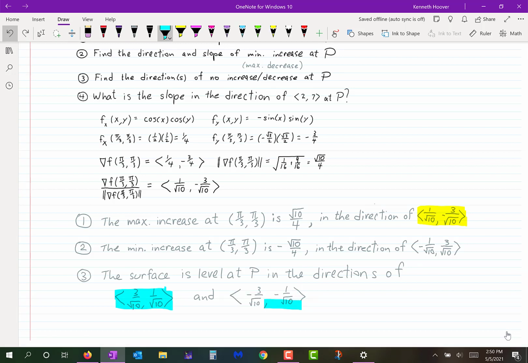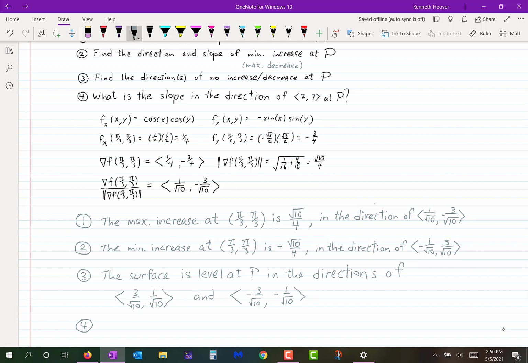Last question now. Number 4. What is the slope at P in the direction of 2, 7?